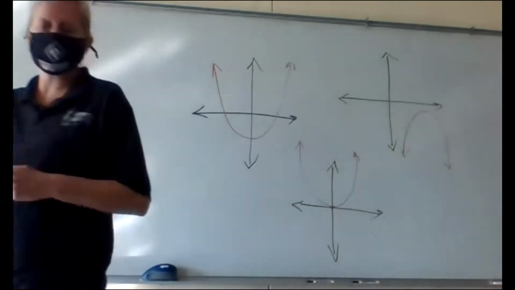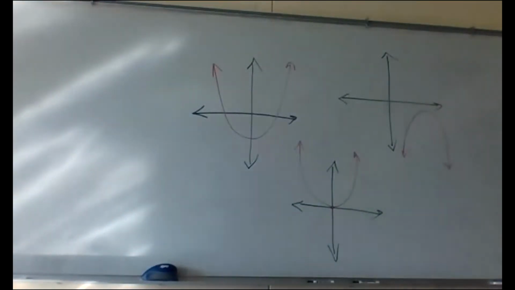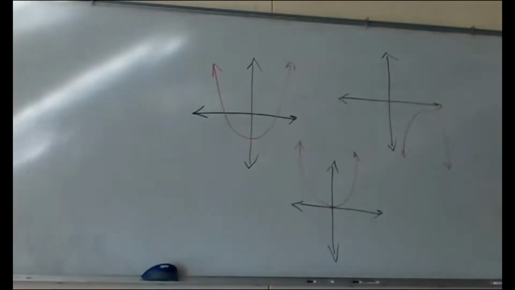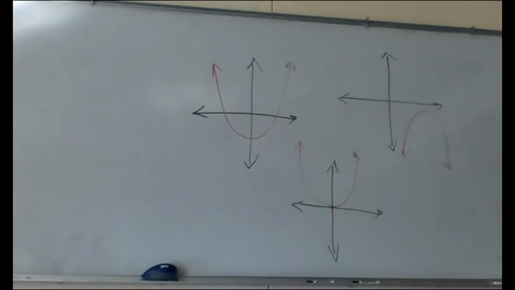So I have 3 different x squared graphs up here, right? They're all x squared because they're all parabolas. They're going in different directions and they're in different spots. But they're all x squared.